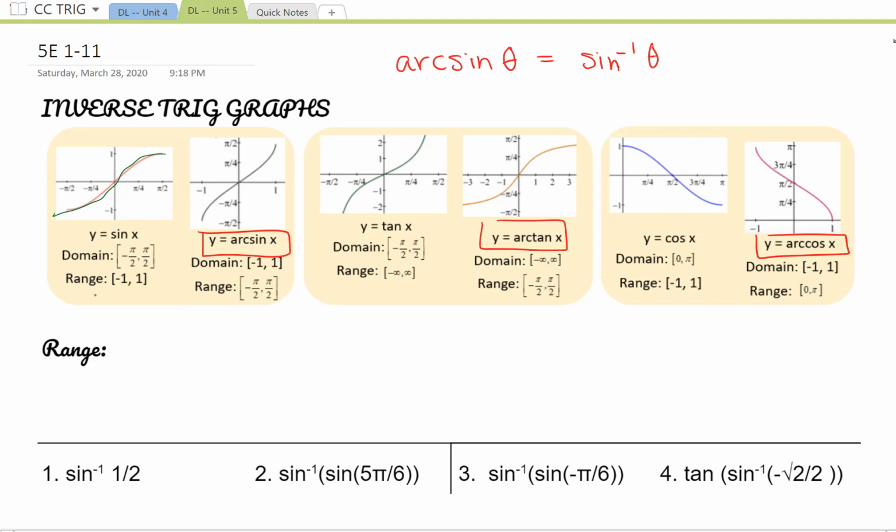When you're dealing with arc sine or arc tan, you have the same restrictions to your range. You can only choose angles that are between -π/2 and π/2.